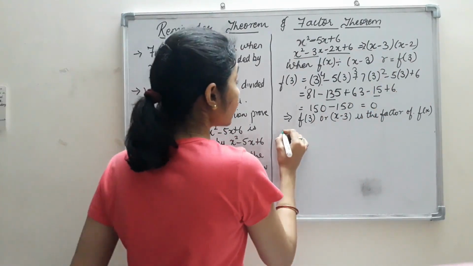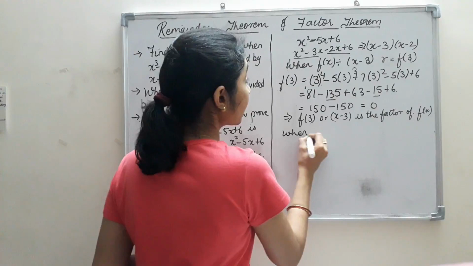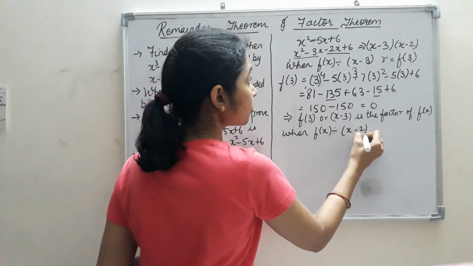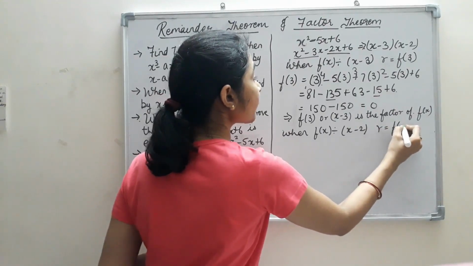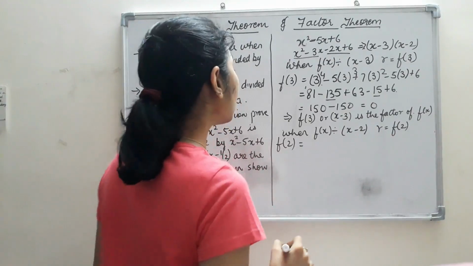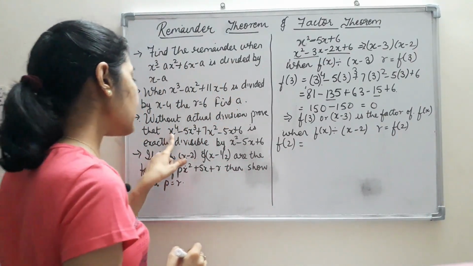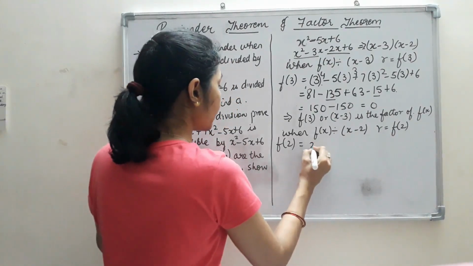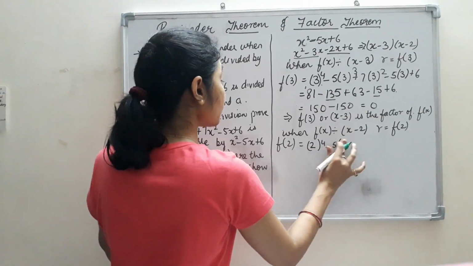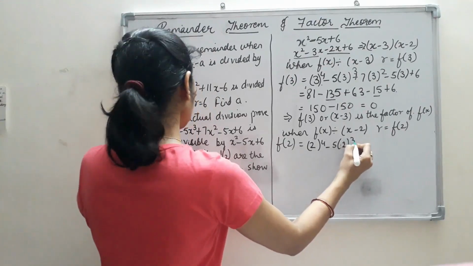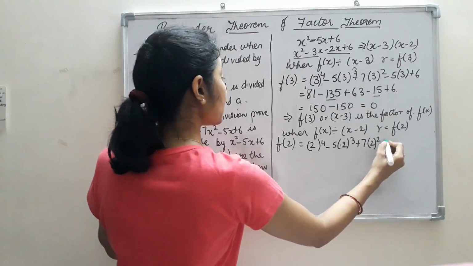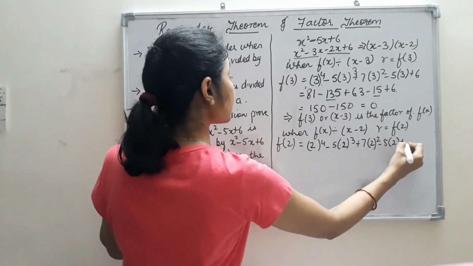Okay, now when f(x) is divided by x minus 2, the remainder is equal to f(2). So let us see what f(2) is. Okay, now f(2), again substituting the value of 2 everywhere: 2 raised to the power 4 minus 5 into 2 raised to the power 3 plus 7 into 2 raised to the power 2 minus 5 into 2 plus 6.